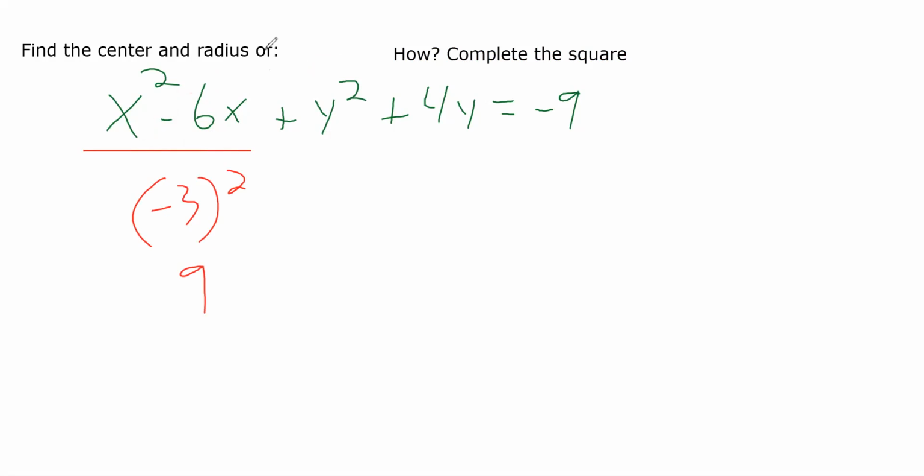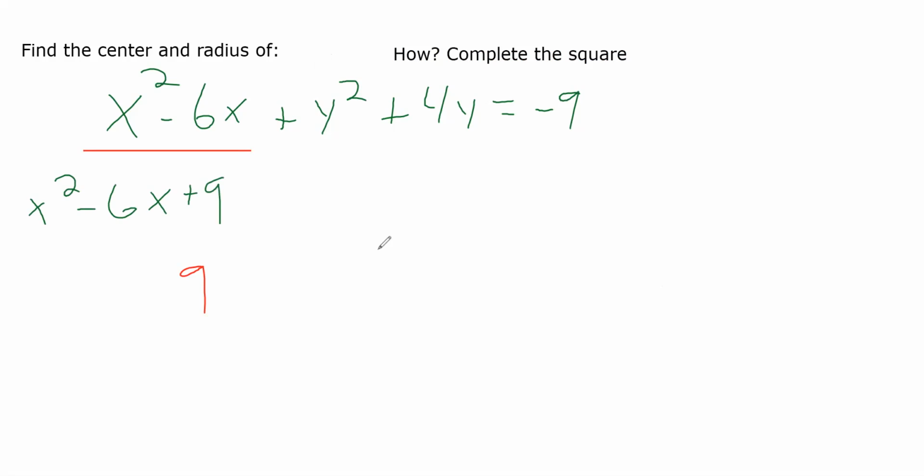All right. Well, we've got 9. Now I'm going to add it on to here. So I'm going to end up with x squared minus 6x plus 9.